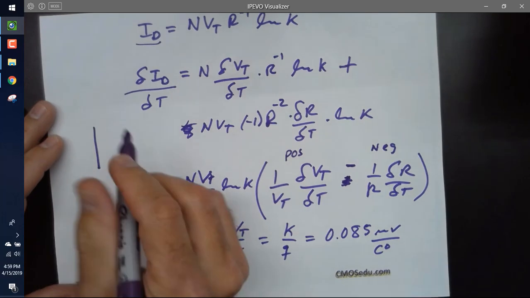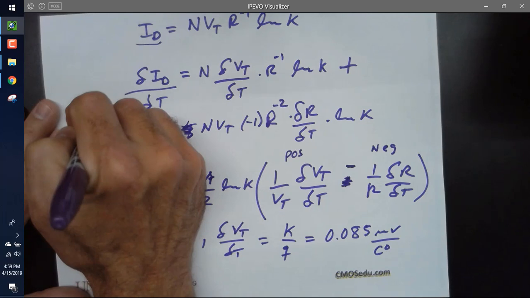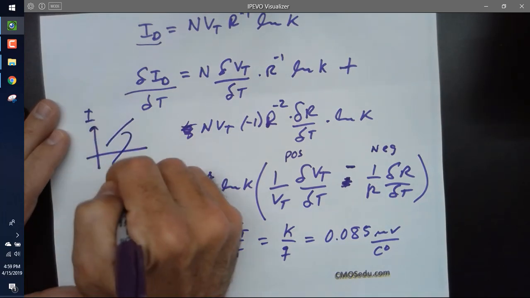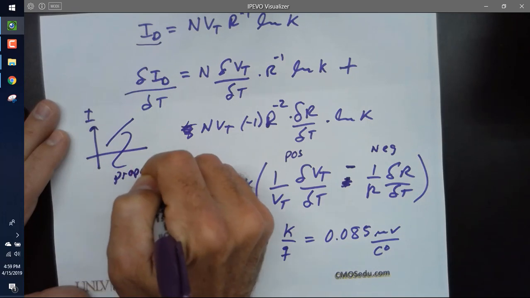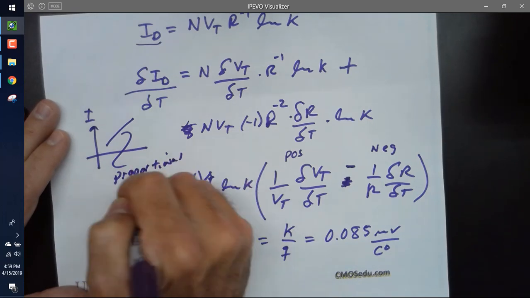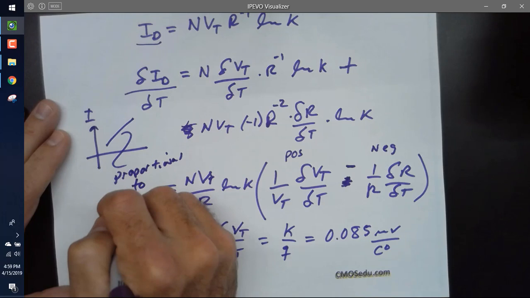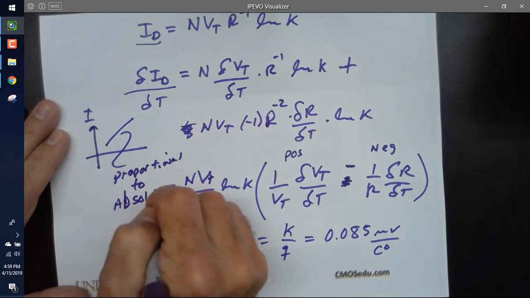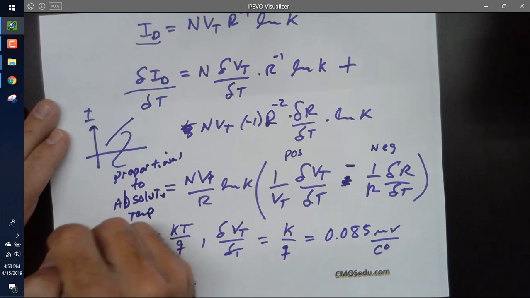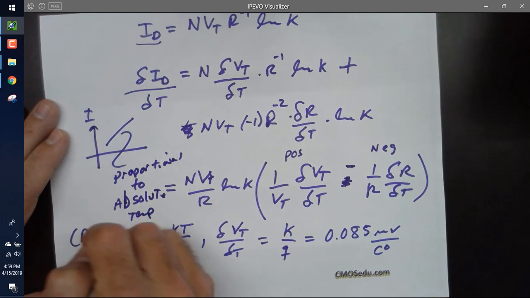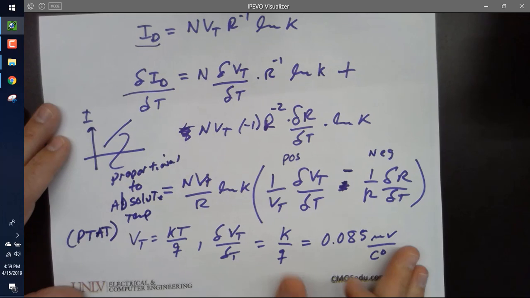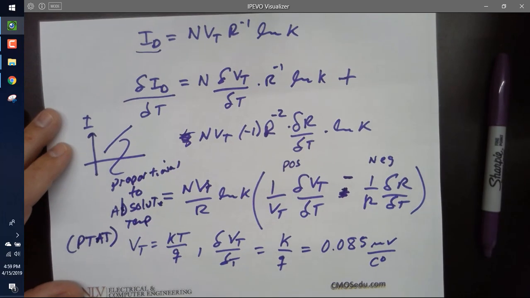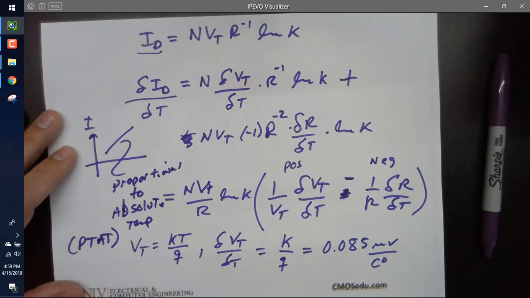And if I plot that current and it's got a positive Tempco, then this is proportional to absolute temperature. And that's called PTAT. And so I want to set the stage for next time when we come back, and I'll cover how to do the diodes and CMOS when we come back next time as well.